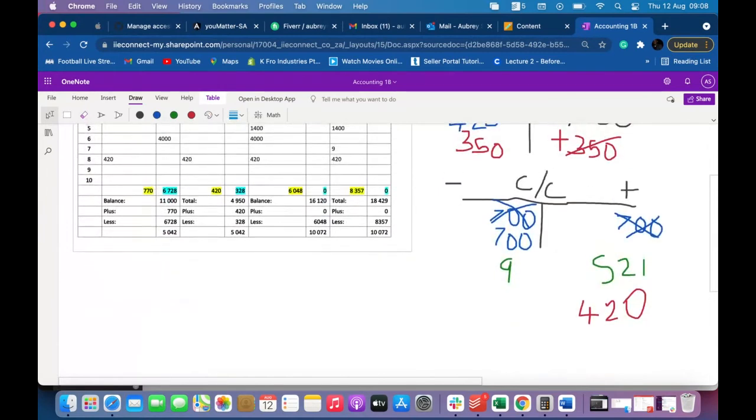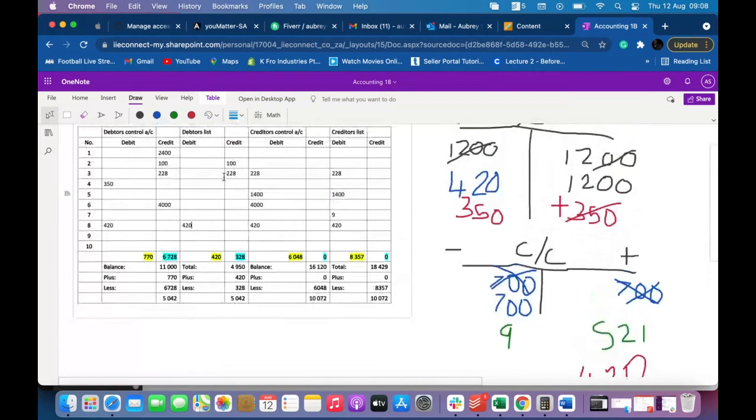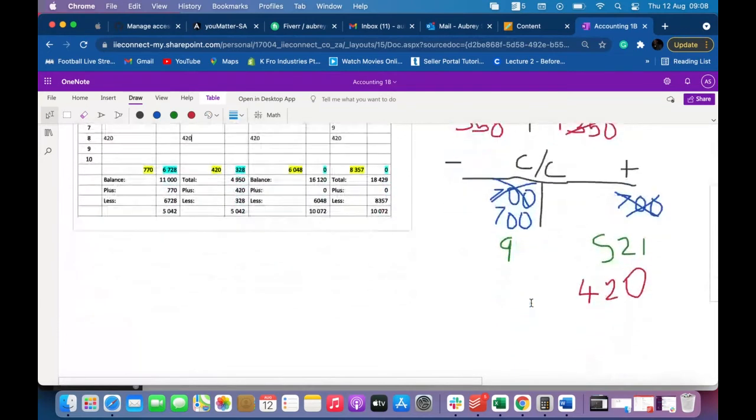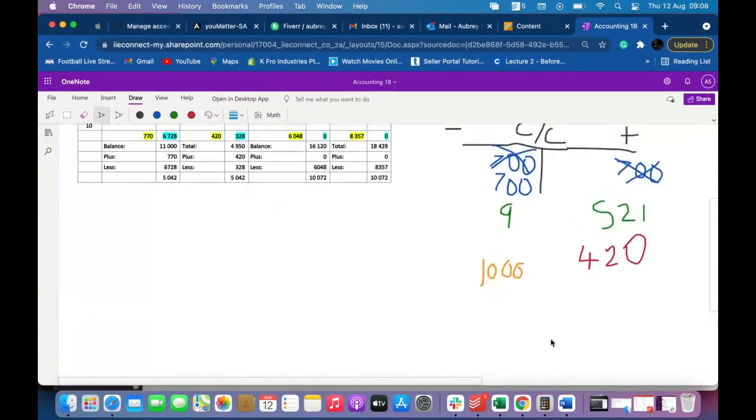creditor's account. Basically, they're saying that we did record this correctly in the creditor's control. We put 1000 on the debit side in the creditor's control. Remember, this is an original credit note. But when we came down to the credit list, we only put 100 Rand on this individual's account, which is a problem because that means we are short.